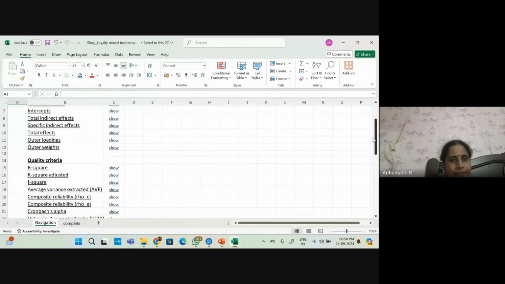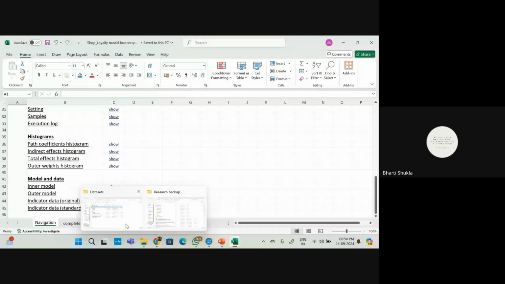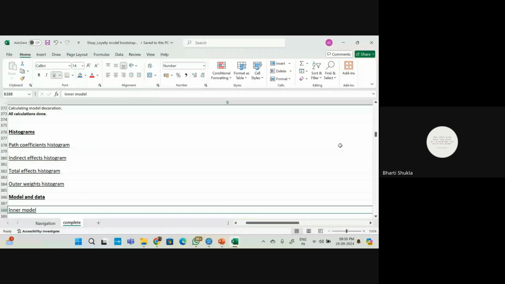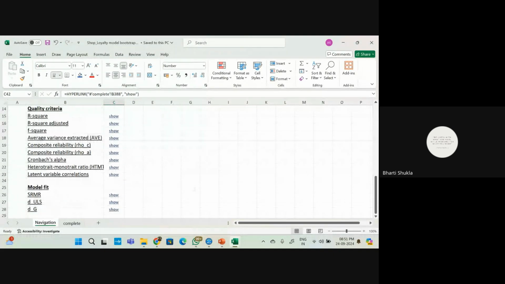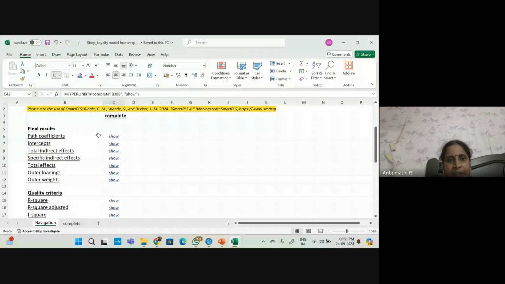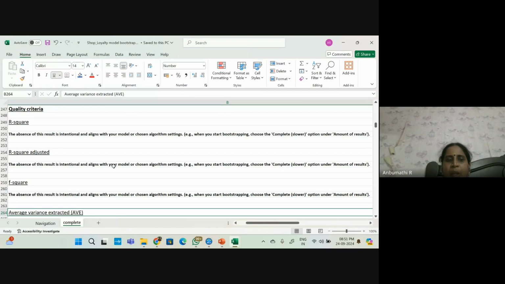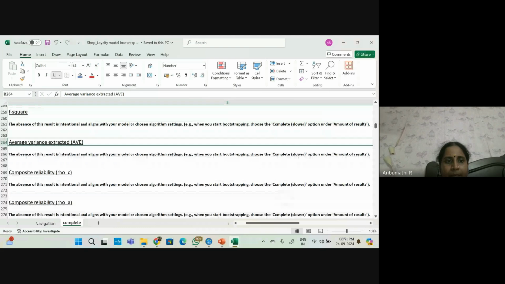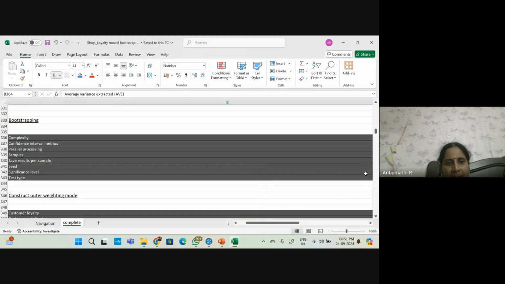So here, in the final results, you have path coefficients, intercepts, total indirect effects, specific indirect effects, and total effects. Click this total effects.